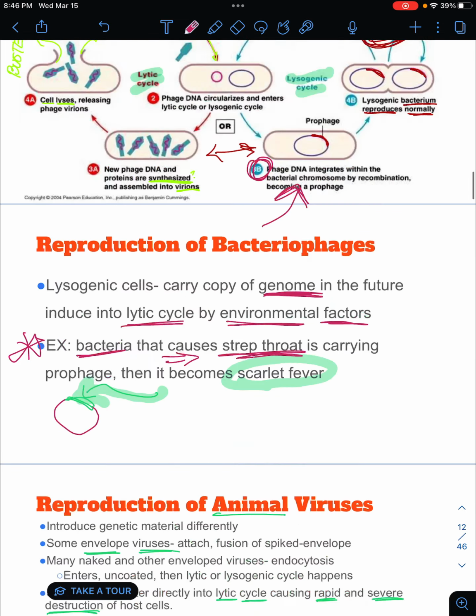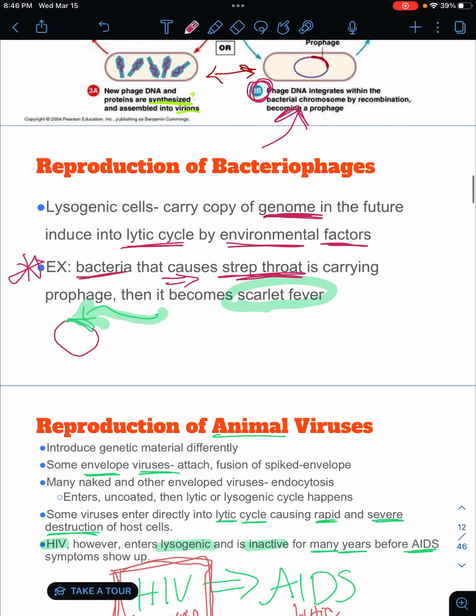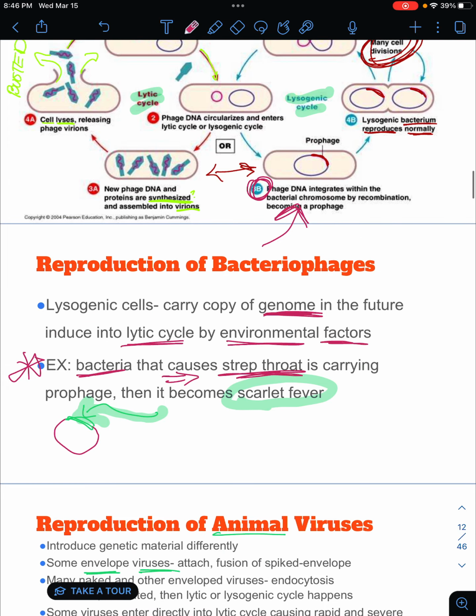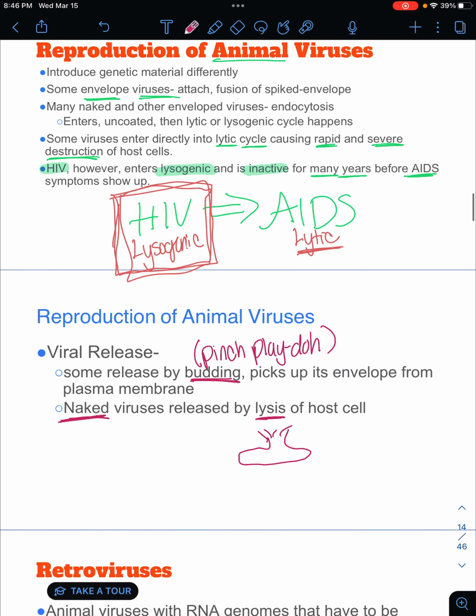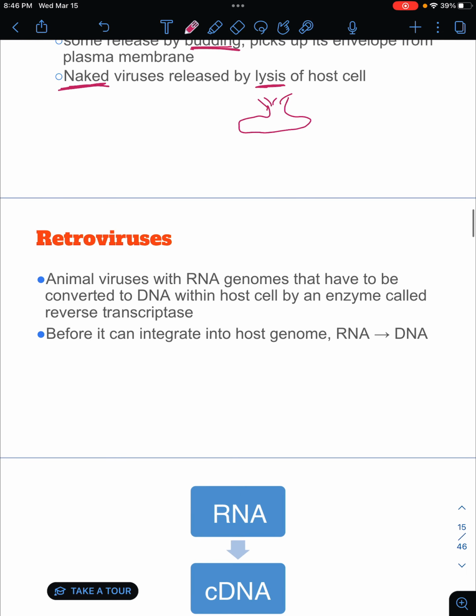Okay, so we talked about bacteriophages, the ones that are specific to bacterial cells. We talked about some animal viruses and how they work. Now we're going to talk about retroviruses. So what is a retrovirus? This is the definition: animal viruses with an RNA genome.